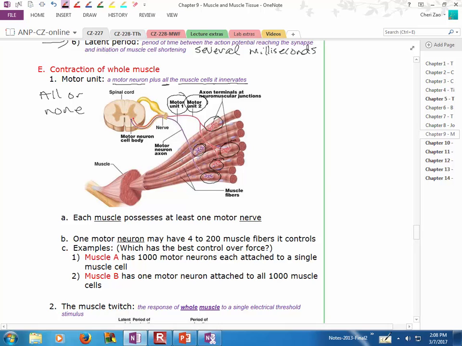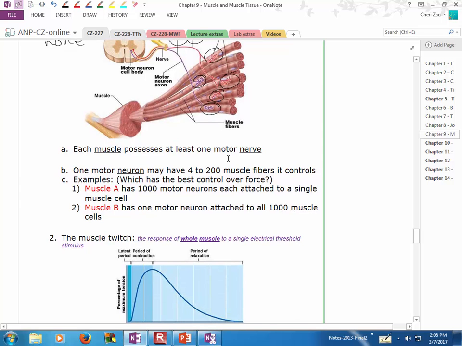So the one that has more connections with muscle cells is more likely to give you a noticeable shortening of the muscle organ, yes? And so that's an important aspect for you to realize, because let's go down here and we're going to talk about muscle A and muscle B to make sure that you've got this. First, before we go to muscle A and muscle B, let's talk about how each muscle organ possesses at least one motor nerve.